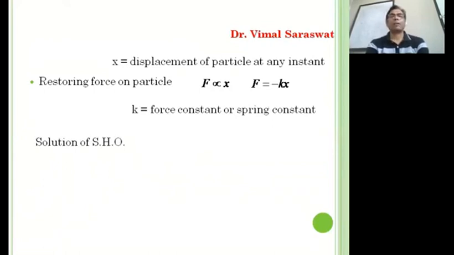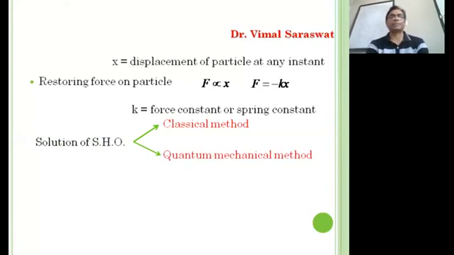Now, solution of the simple harmonic oscillator. As we already mentioned, there are two ways to solve the simple harmonic oscillator. One is the classical method and the other is the quantum mechanical method. Now we will discuss the classical method.